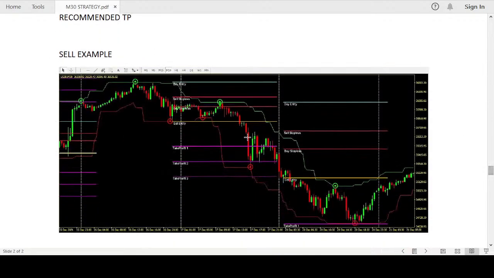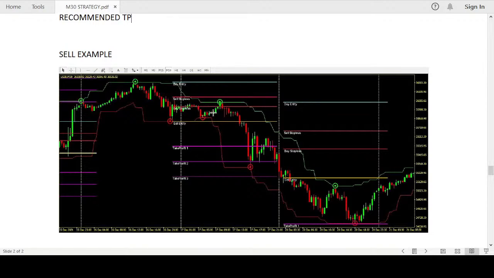If you look to the center here, you can see an example of a sell. This was on the US 30. You can see there was a red circle dot that formed on the previous day, and then the price developed and formed another circle dot. It also formed the price levels where you can enter buy or sell.